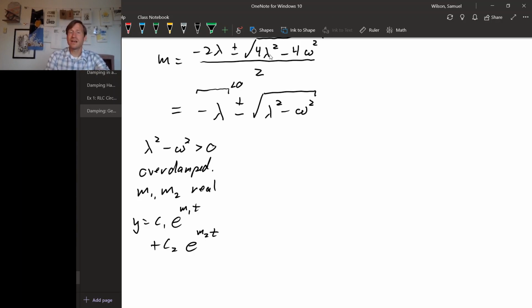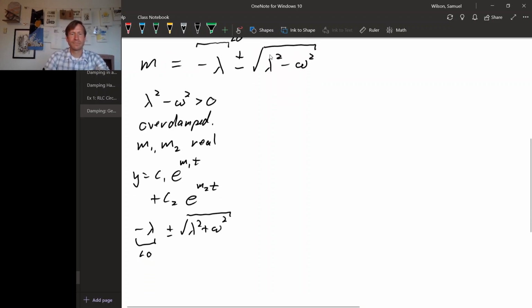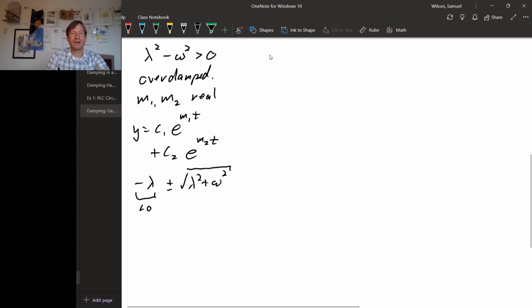Okay, but actually we can say a little bit more than just this, because if you look back at the roots of our characteristic equation, minus lambda, so this part is negative, plus or minus the square root of lambda squared minus omega squared. So this is shorthand for two different values, right? One value is minus lambda minus the square root of lambda squared minus omega squared.